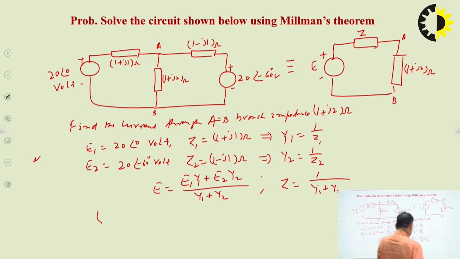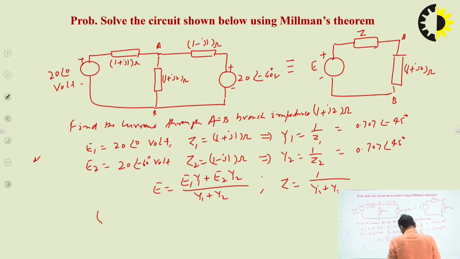So Y1 is coming, so I am just writing it straight away. Y1 is 0.707 angle minus 45 degree. Z2 is 1 minus J1, so Y2 is 1 by Z2, so it is coming 0.707 angle 45 degree.